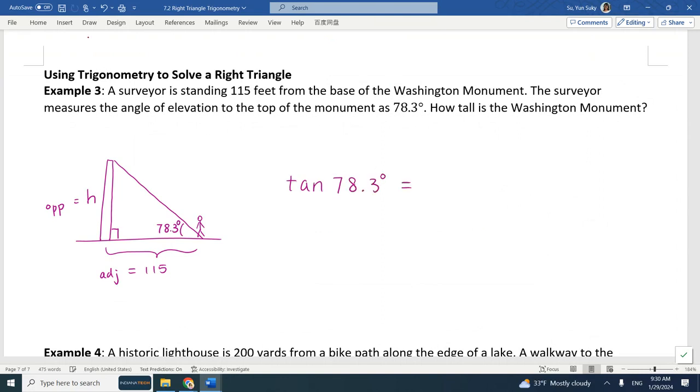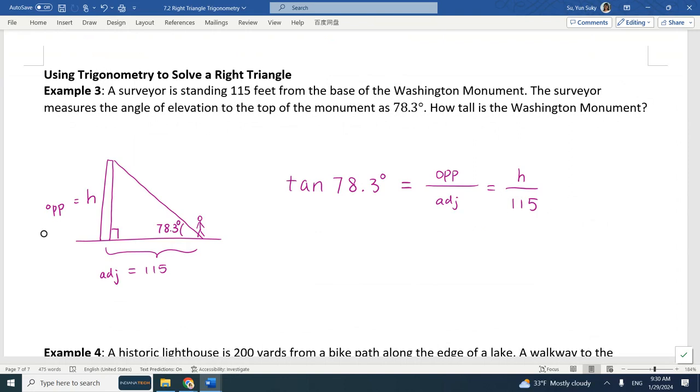Tangent of 78.3 degrees is what? What's tangent? Opposite over adjacent. Opposite is H. Adjacent is 115. See? We write down the trig function and then plug in the sides. We are looking for the height.